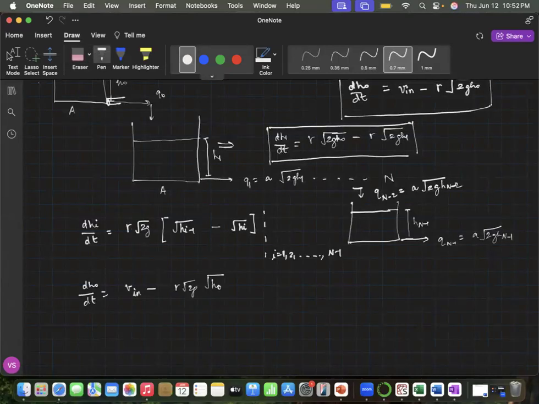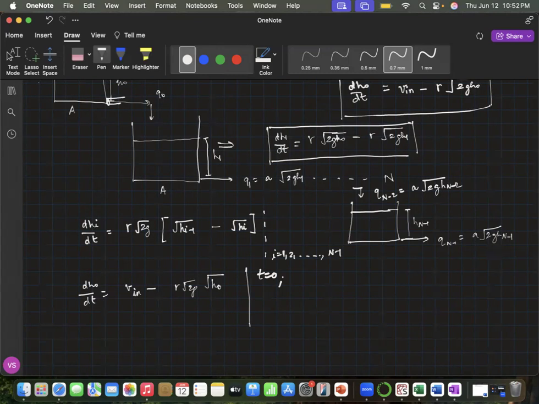And let's say we have the initial condition. So at time t equals 0, just for simplicity, we could say that every tank has the same height h to the power 0. I mean h superscript 0. Sorry for the notation.